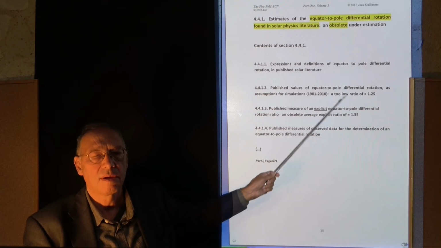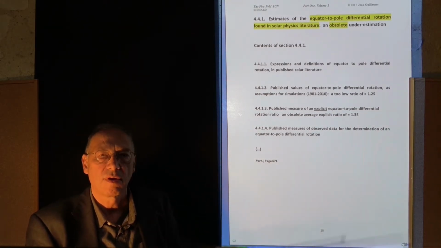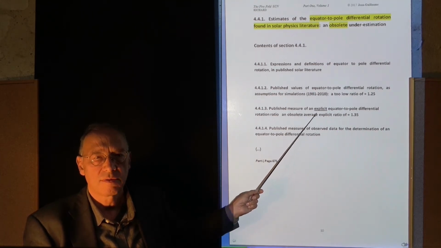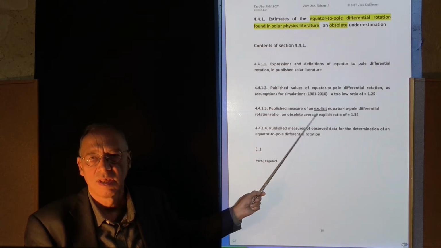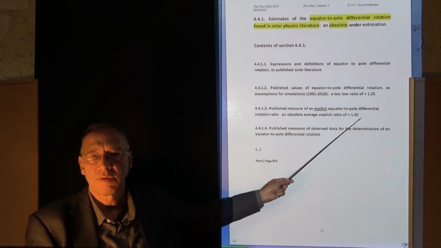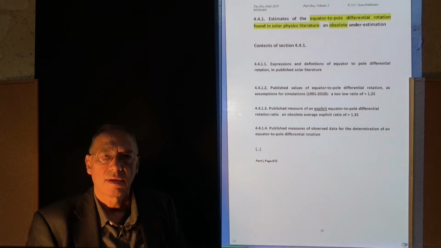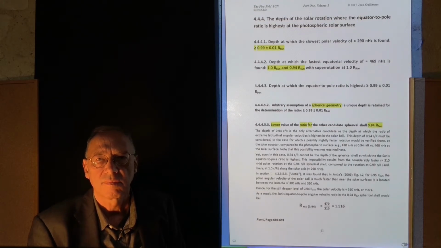This is from stated equatorial velocities and polar velocities without an explicit ratio. And when in the rare cases an explicit ratio of these two values is stated, we have an average of 1.35. So maybe it is appropriate to say that these estimates are too low and are somehow obsolete. Maybe this is not an exaggeration.